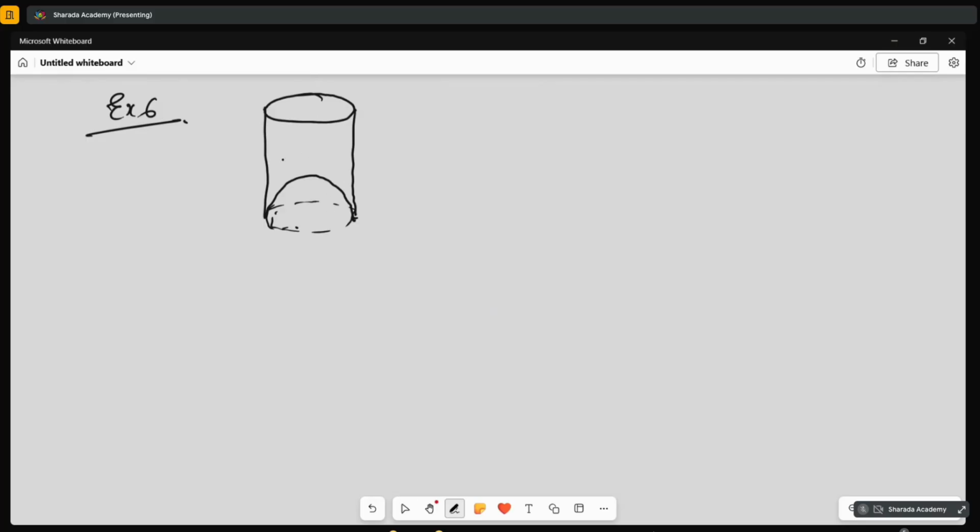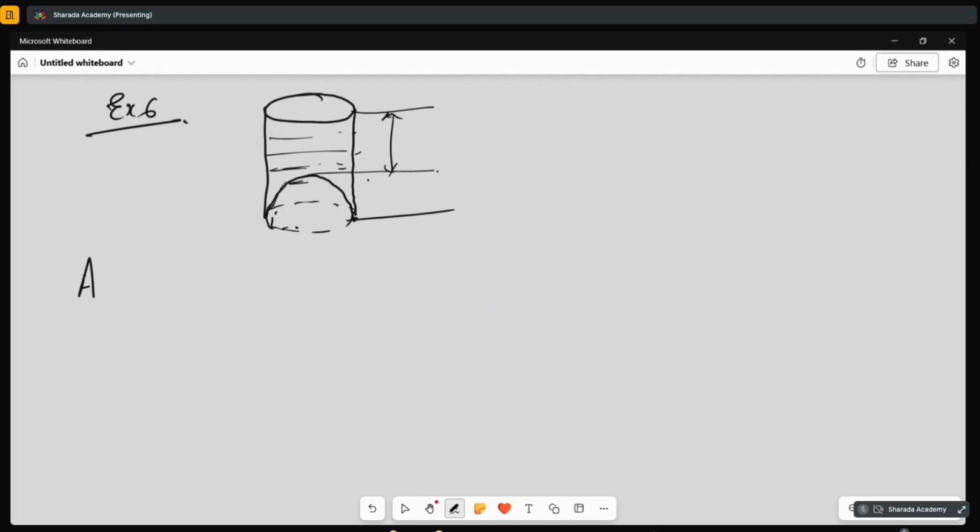Apparent capacity means that for looking it is the complete cylinder. That is the capacity. Okay. And what about the actual capacity? Only this much. That means what? In the cylinder minus this hemisphere will be the actual space left over. Again, I repeat, in the cylinder, if I remove this portion, only this much is the space present here.